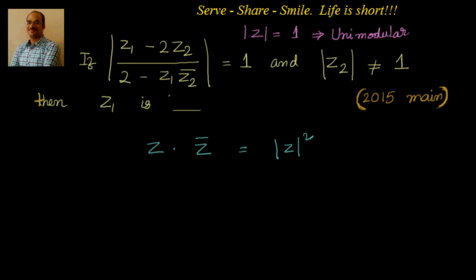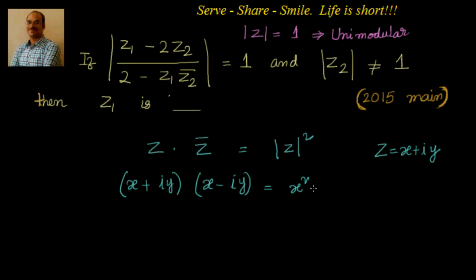So the first thing we have to understand is how this is correct. Let us say z is equal to x plus iy. Then what is z into conjugate of z? x plus iy into conjugate, which is x minus iy, is nothing but equal to, let's multiply this.